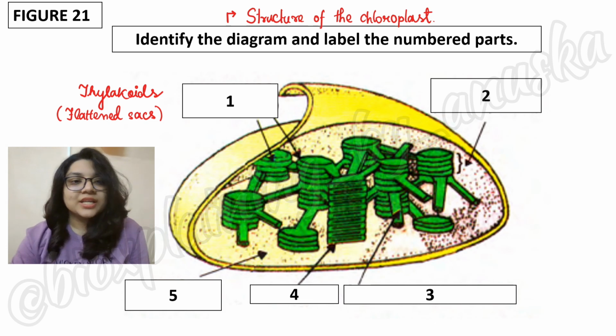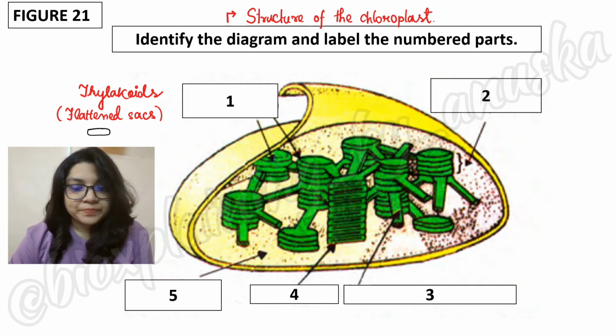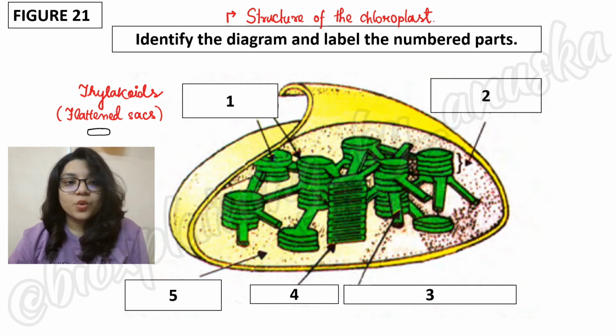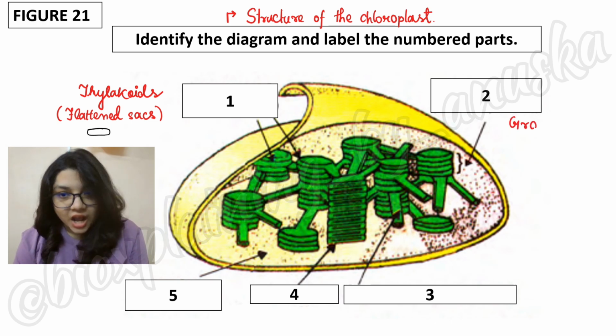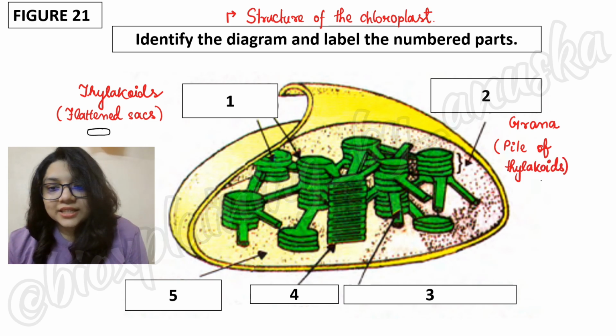You can consider each thylakoid to be a coin. Number two is referring to a stack, a pile of those thylakoids. We call them the grana. So the grana basically looks like a pile of coins stacked on top of each other.